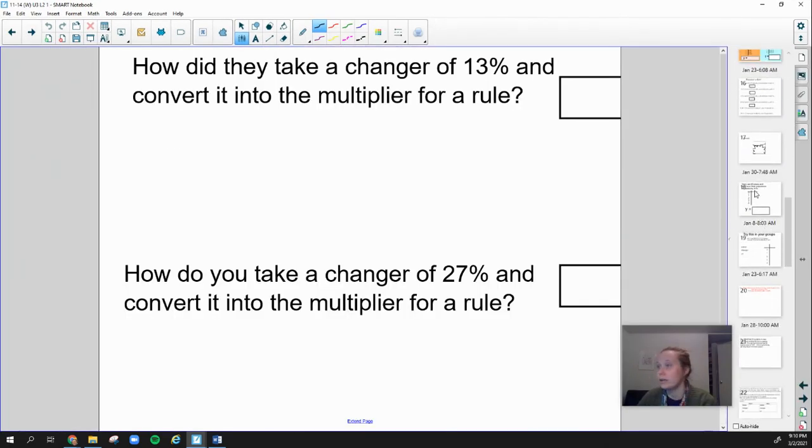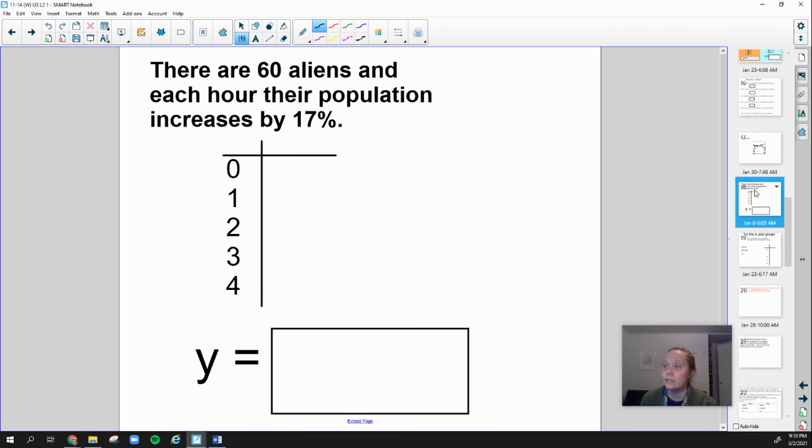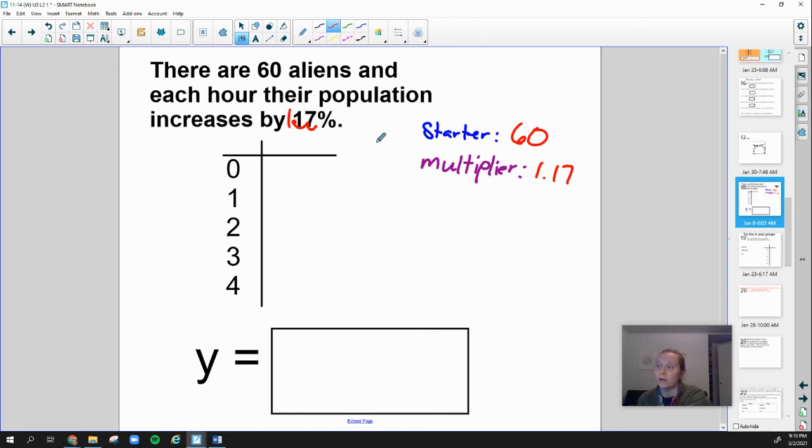Is if we had 60 aliens and each hour their population increased by 17%. So what is our starter? Should be 60. And then what are we going to multiply by? We should be multiplying by 1.17. We move the decimal twice to the left and add a 1.